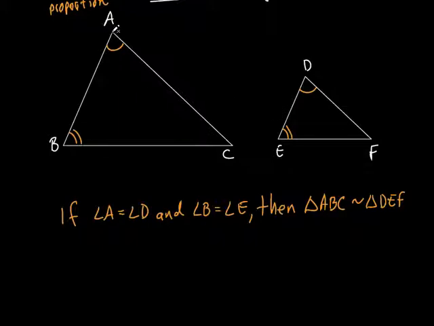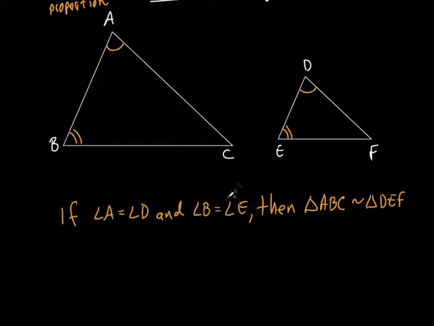Could I say that AB equals DE? No, because it's definitely not. That's way bigger than that. But I could say that AB over DE equals AC over DF, which equals BC over EF, couldn't I? That would mean that the sides are in proportion.